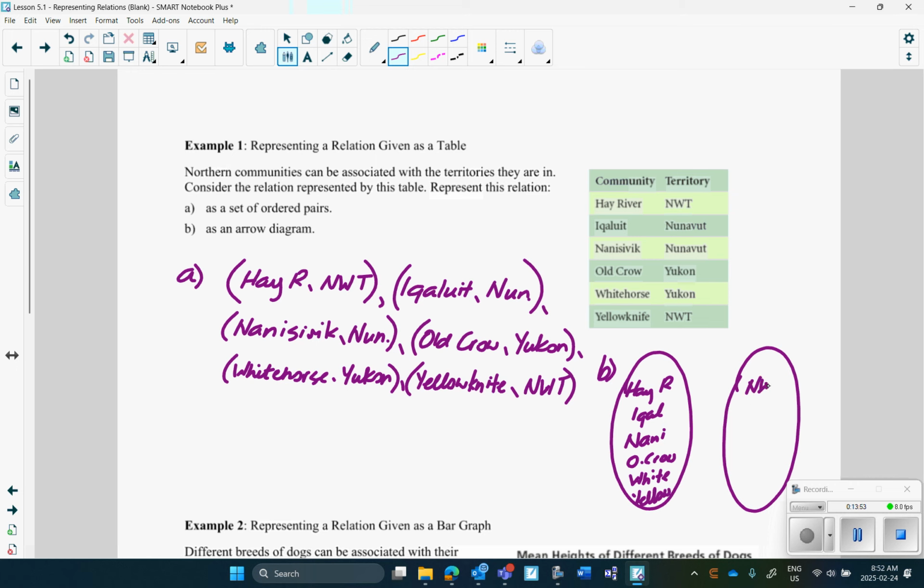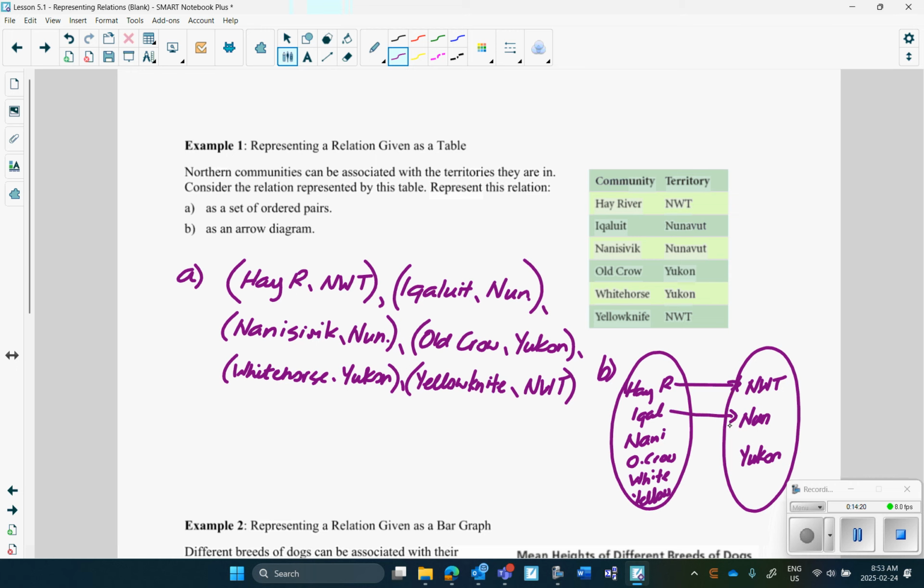Now notice in the second set of information, some of the elements appear more than once. You don't have to write them twice. Like Northwest Territories appears twice, only write it once. Same with Nunavut, and same with Yukon. So let's connect. Hay River, Northwest Territories.